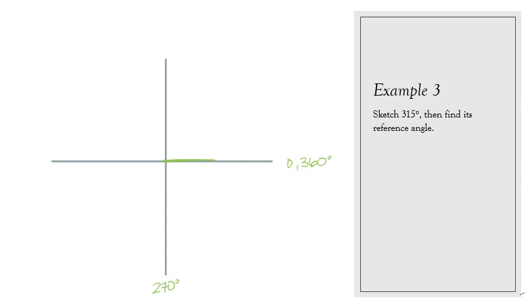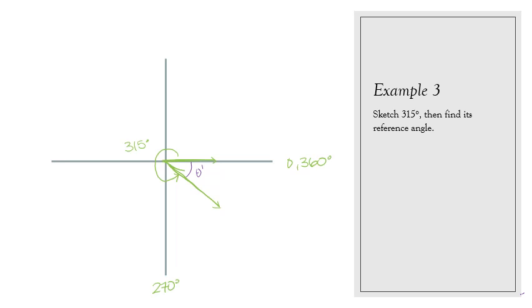And I think it's actually halfway. Again, it doesn't have to be perfect, mine's certainly not. There's my angle. Let's represent it's positive. It's going around counterclockwise. It's 315 degrees. And our reference angle, theta prime, is formed by that terminal side and the x-axis.